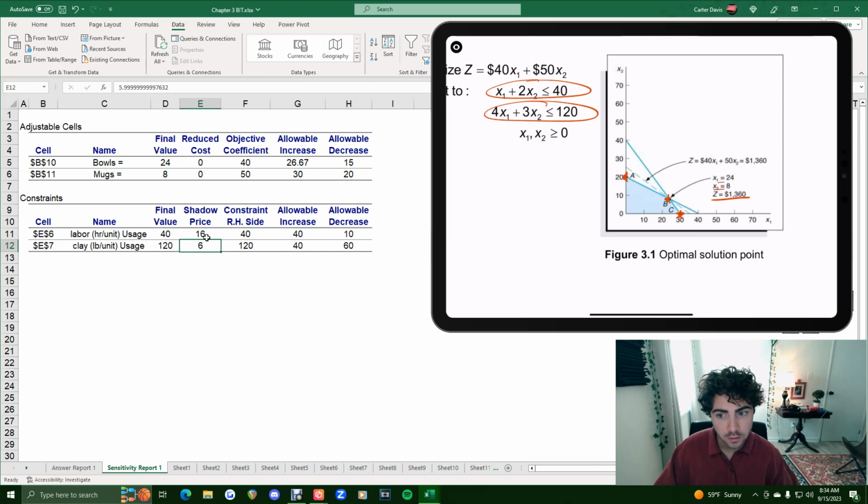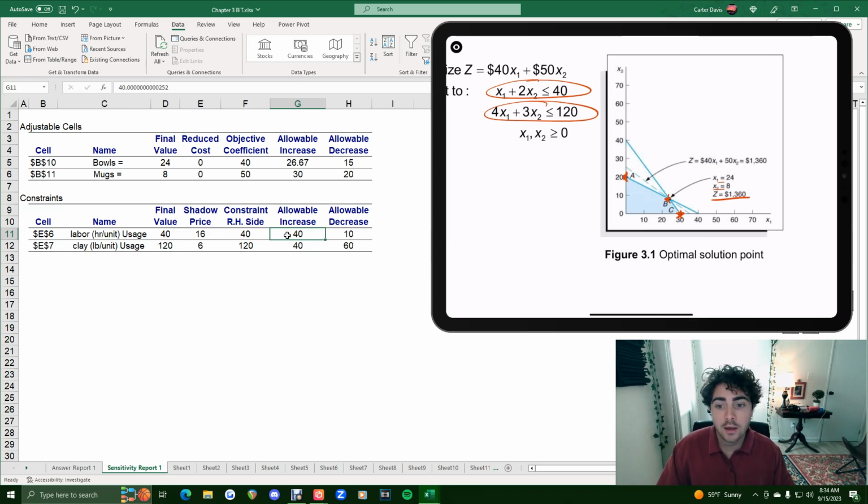Now let's talk about the allowable increase. If you increase your hours by 1, you get 16 more dollars, and you can keep that $16 per unit up to an increase of 40. So you can increase by 1 hour, or all the way up to 40 hours, and every single time you increase by 1, it's going to increase your profit by 16.